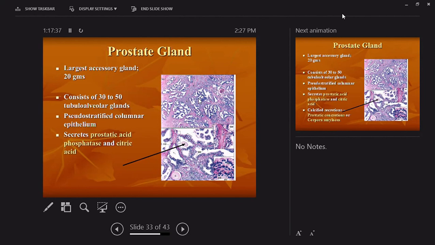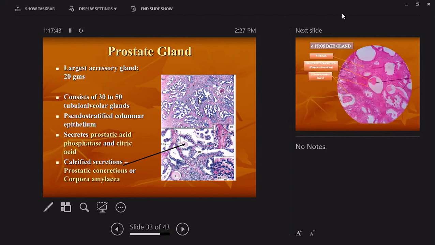They produce calcified secretions called prostatic concretions or corpora amylacea. Take note, corpora amylacea, not the one in the brain.